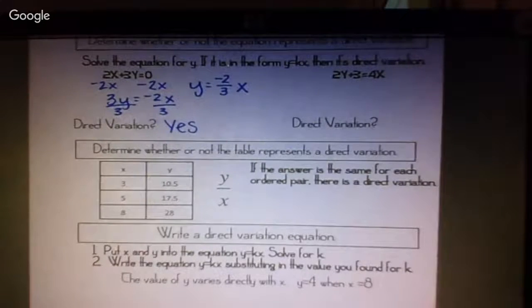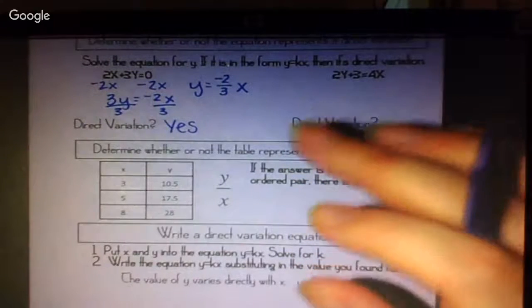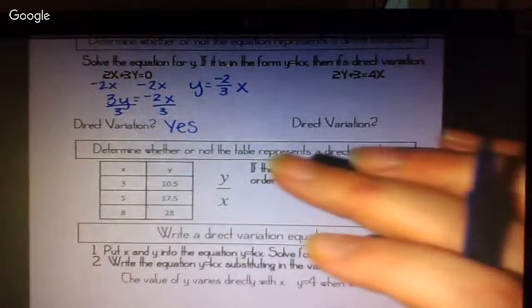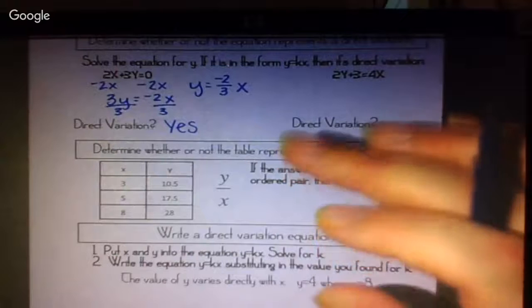So if I divide 3y by 3, 3 over 3 reduces down to 1, which leaves your y there. So y doesn't disappear. It's still there. It's just like solving any of your quadratic equations and making it equal to 0 before you can pull a, b, and c. You just want to get y by itself.